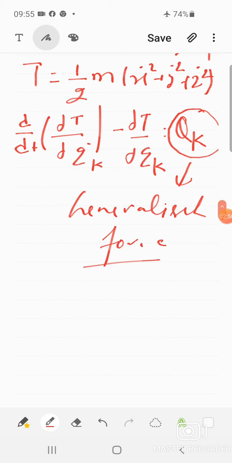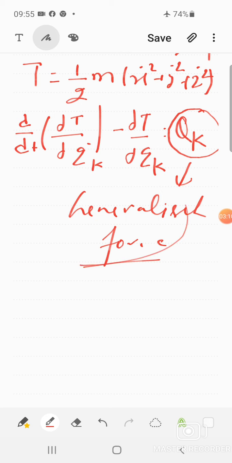And that comes into play when the space in which the particle is moving is not force free. That is generalized force not arising from potential.